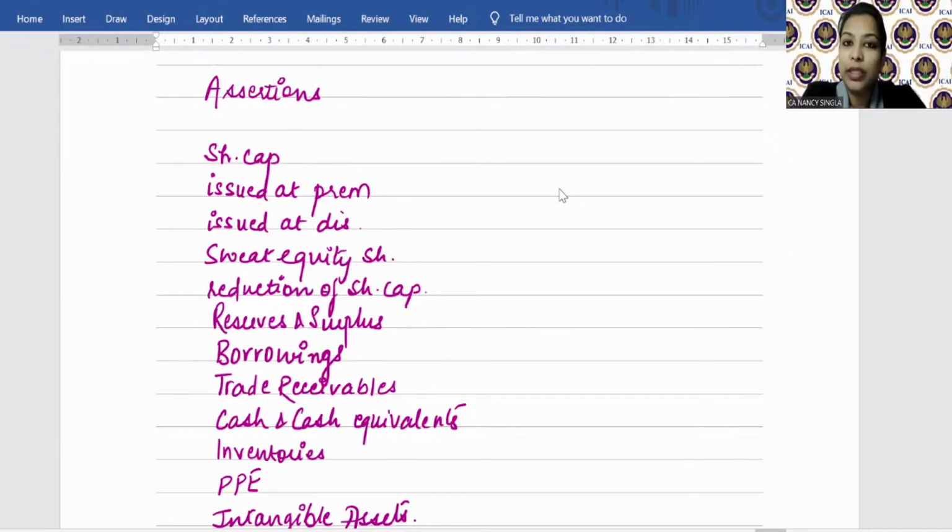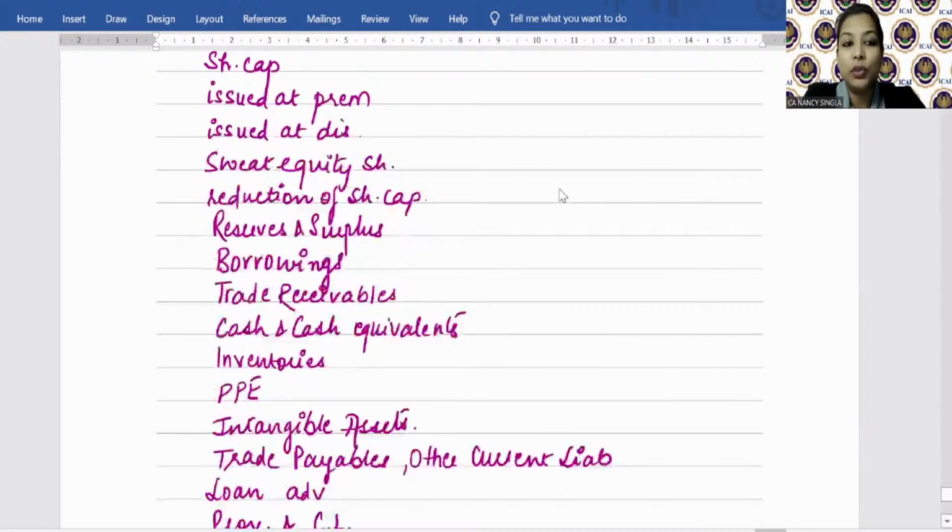We started with one of the balance sheet items, which is share capital, whereby we discussed verification of shares issued at a premium, at a discount, then verification of sweat equity shares, reduction of share capital, followed by discussion with respect to reserves and surplus. We also discussed in detail the verification of the various assertions with respect to borrowings.